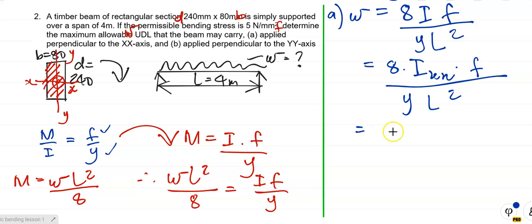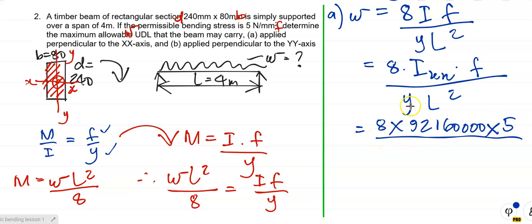And let's put the values in. So it's 8 times, and what's IXX? IXX was 92.16 times 10 to the 6 millimeters to the fourth. What's F? F is 5 newtons per millimeter squared over Y. Now remember, the beam is placed like this. Y is equal to D over 2. It's 120 times L. L is 4, but it is 4,000 squared.